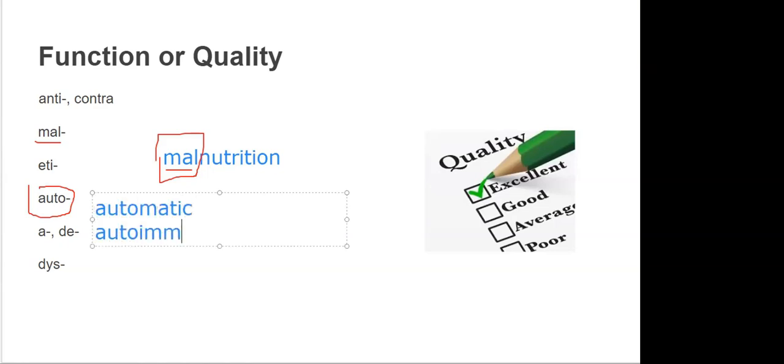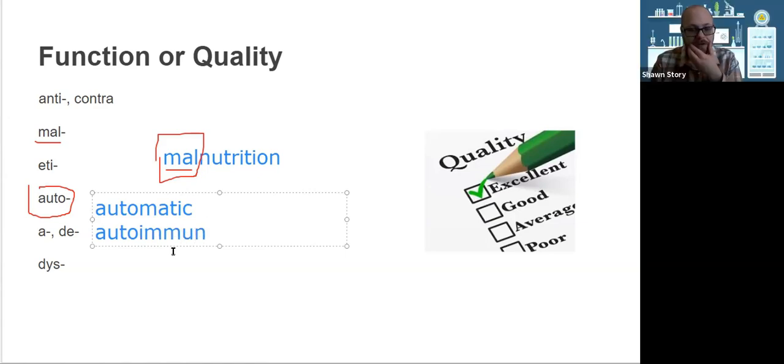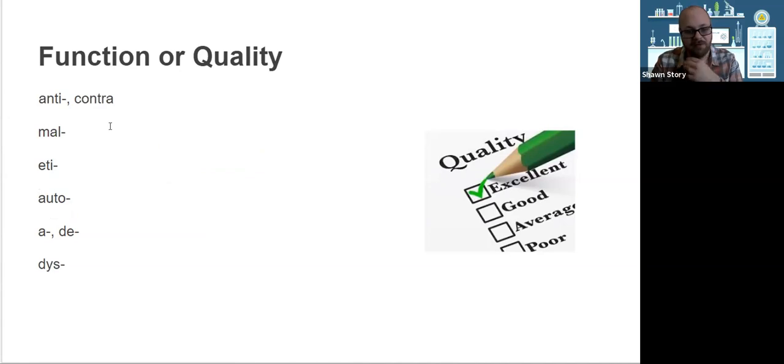So auto means self. If something is automatic, it does it itself.